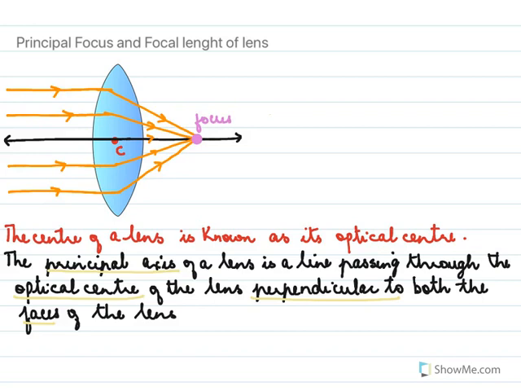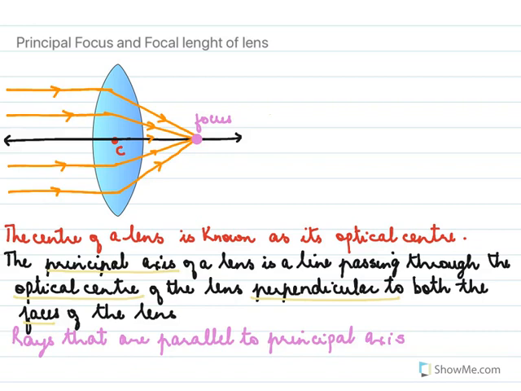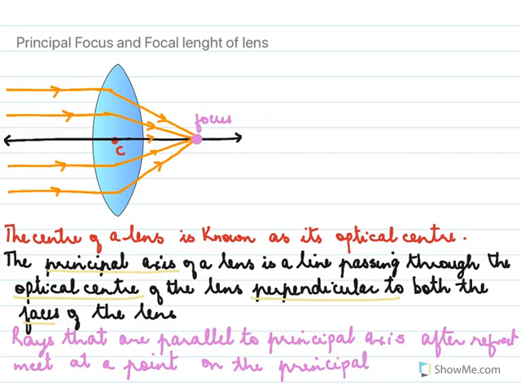So let us now go ahead and define the focus of the lens. Rays that are parallel to the principal axis, after refraction through the lens, meet at a point on the principal axis, called the focus.